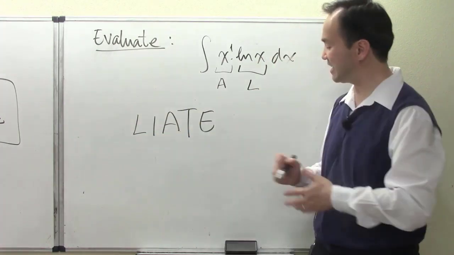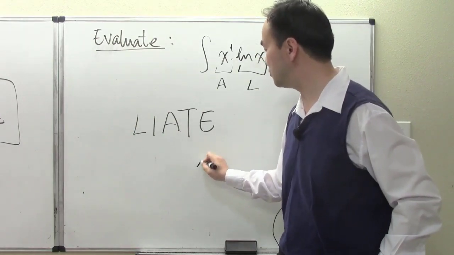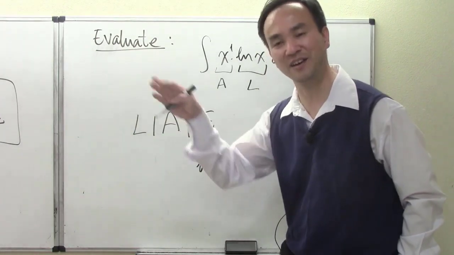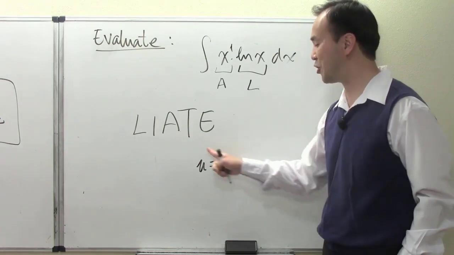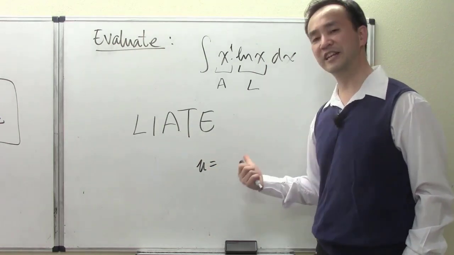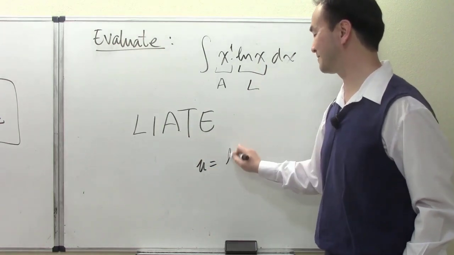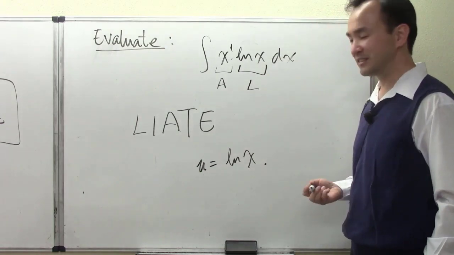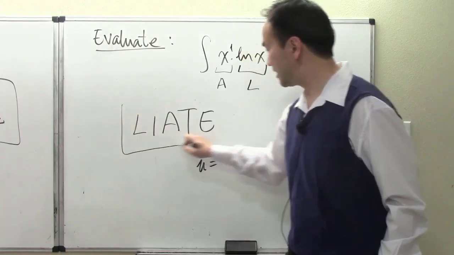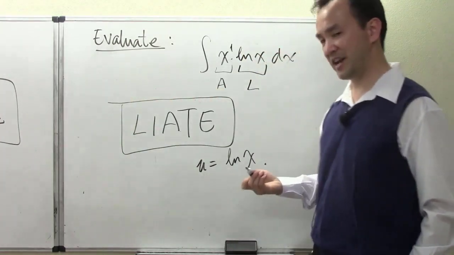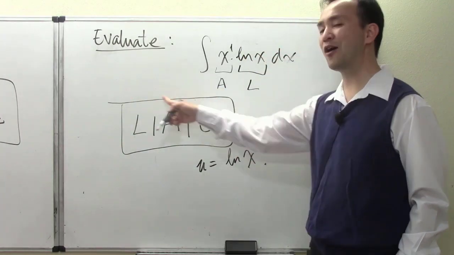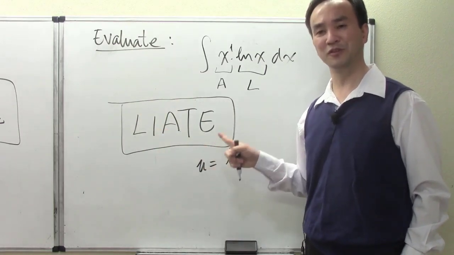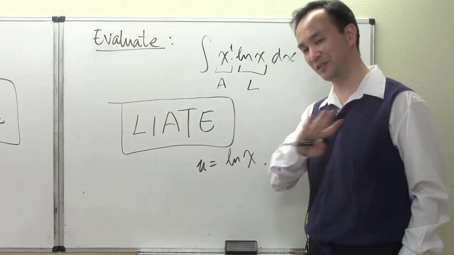That's why, when I introduced the problem, I chose U to be the natural log. So LIATE is a good rule of thumb, working about 85 to 90% of the time, for picking a successful U, and once you have your U, the rest is going to come out easy.